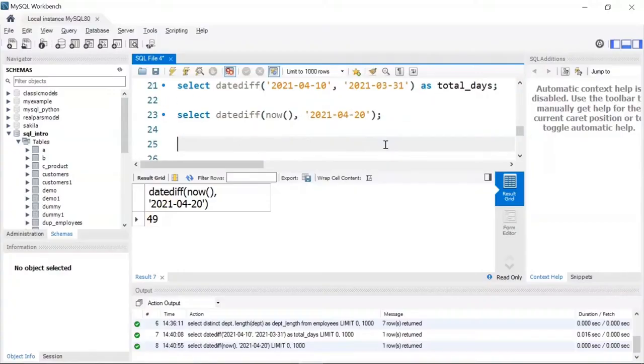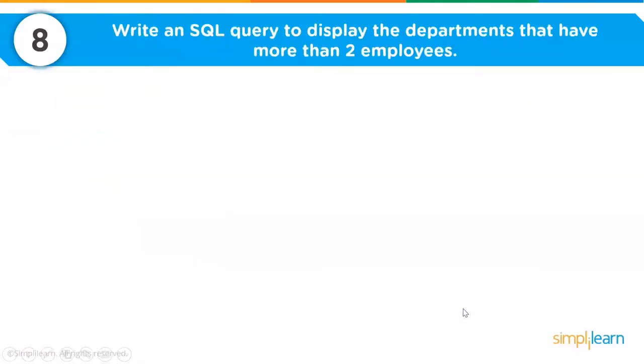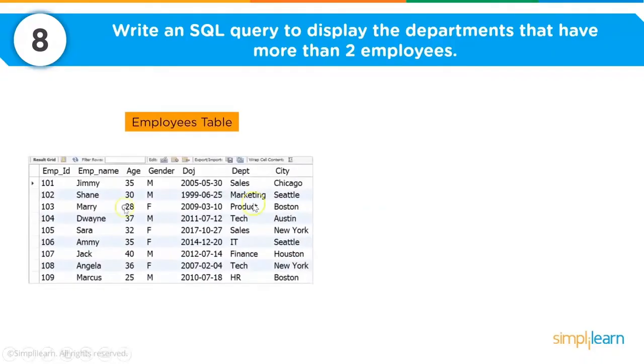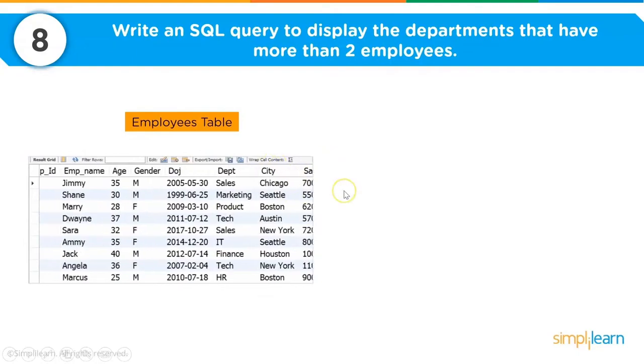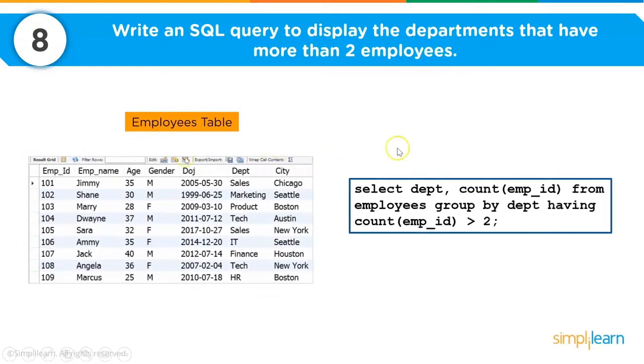Alright, now moving ahead. Now in the 8th question, we want to write an SQL query to display the departments that have more than 2 employees. So this is our employees table that we have been using, and here is how the command looks like.